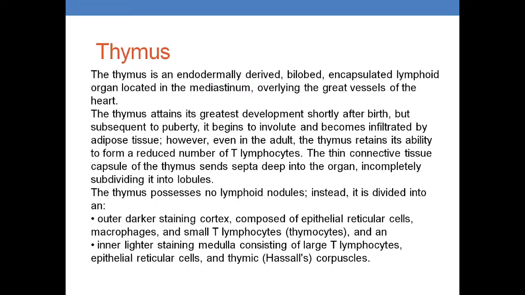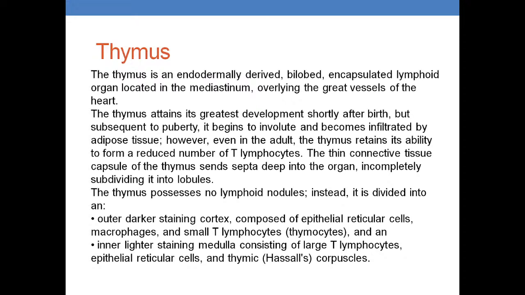However, even in the adult, the thymus retains its ability to form a reduced number of T lymphocytes. The thin connective tissue capsule of the thymus sends septa deep into the organ, incompletely subdividing it into lobules. The thymus possesses no lymphoid nodules.